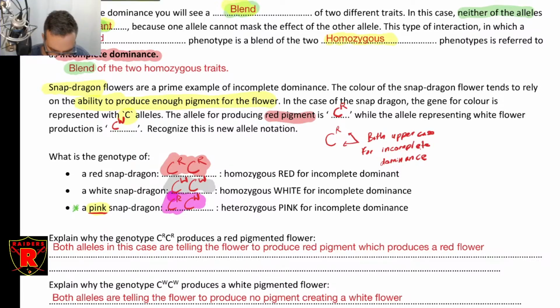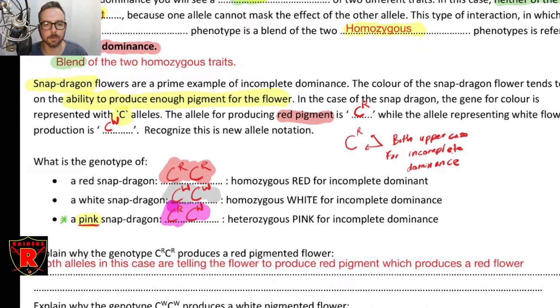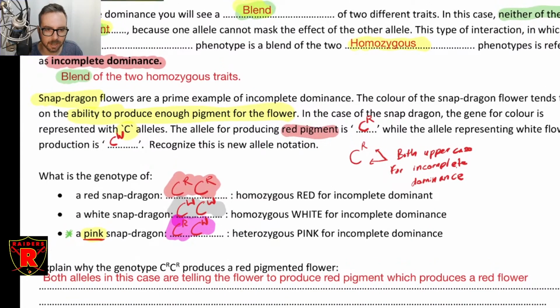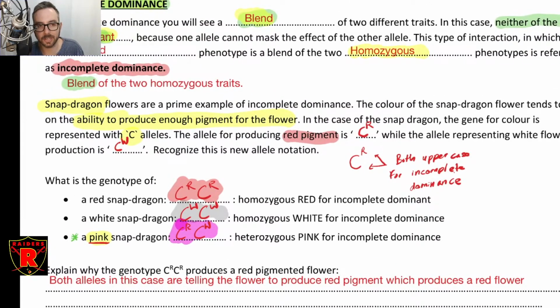But anyway, why does CR CW produce pink flowers? Well, if you think about it at the cellular, molecular biological level, for CR CR both alleles are producing red pigment in the flower. Remember that an allele is just a gene that is turned into a protein, just like any gene. And that protein is red. If both alleles, both copies of the gene, are red, then the flower is red.